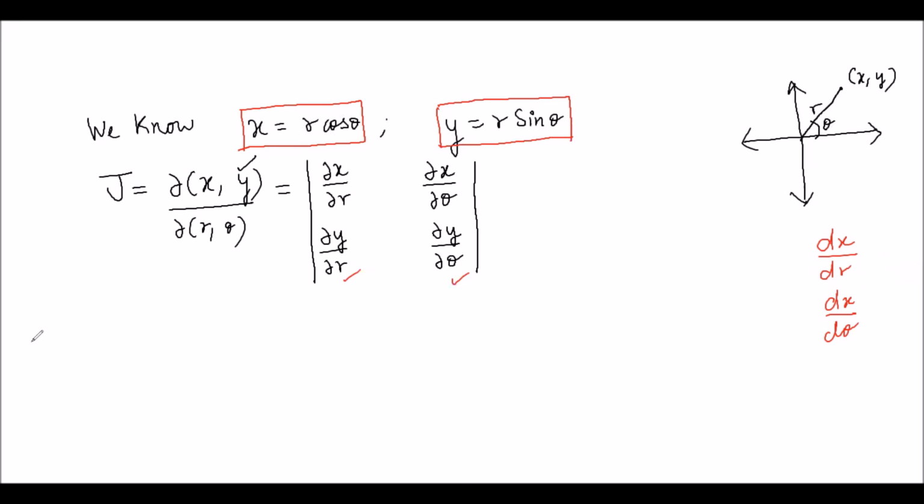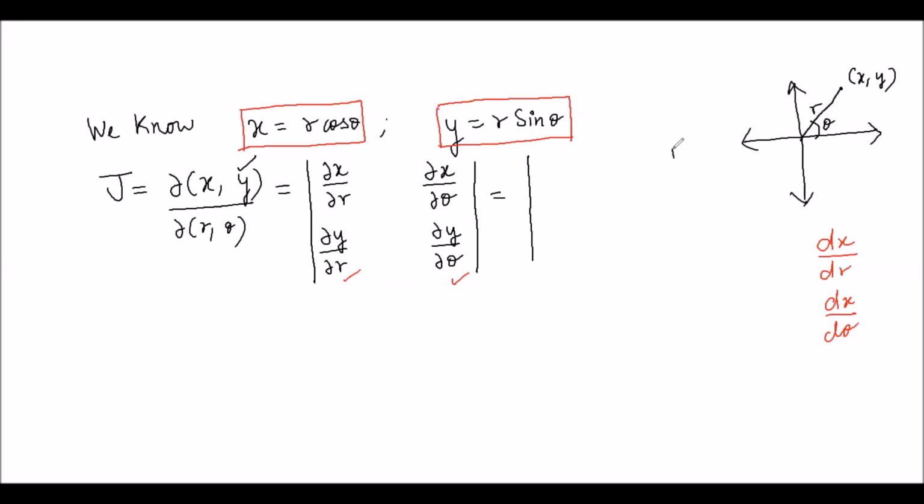Now the next thing: how do we find these partial derivatives? When we evaluate the partial derivative, say the first one, the partial derivative of x with respect to r, all the usual rules are used. But the thing to keep in mind is that since we are differentiating partially with respect to r, theta will be treated as a constant.